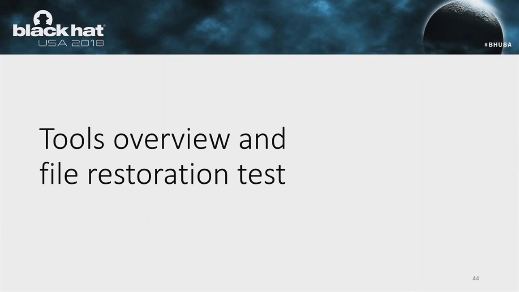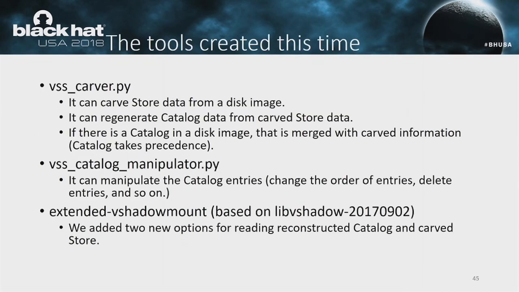Okay, now we will introduce our tools, overview, and file restoration test. vsscarve.py carves the stores from a disk image and regenerates a catalog from the carved stores. If there is a catalog in a disk image, vsscarve merges it with the carved information. vss_catalog_manipulator.py is a tool for manipulating the catalog entries.